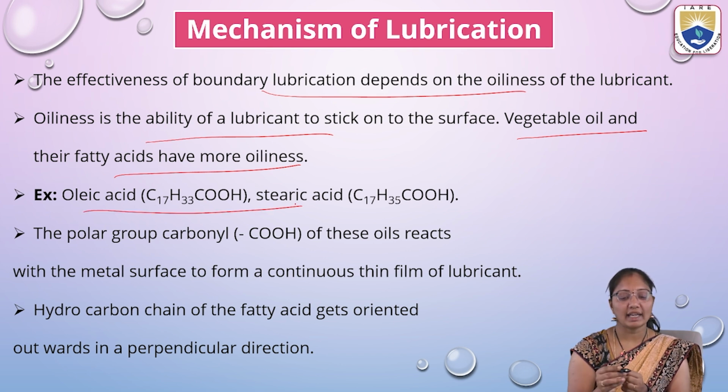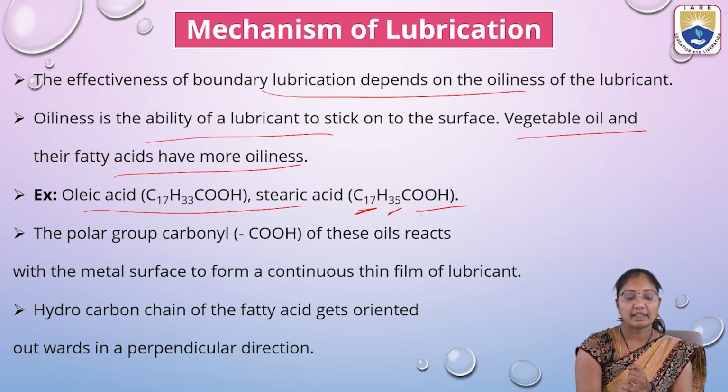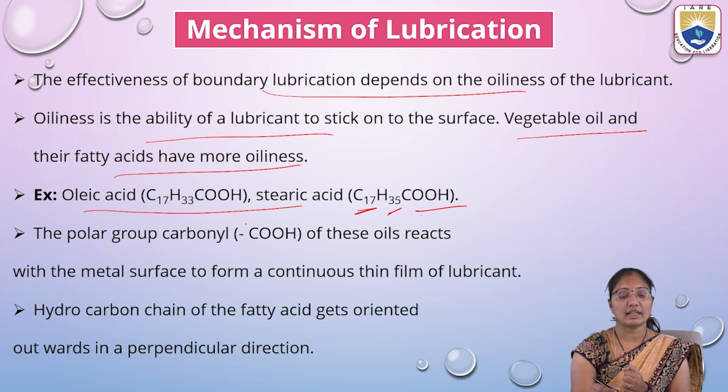An example is oleic acid, C17H33COOH, and stearic acid, which has 17 carbon atoms, 35 hydrogen atoms and a carboxylic group, C17H35COOH. So oleic and stearic acid give more oiliness.